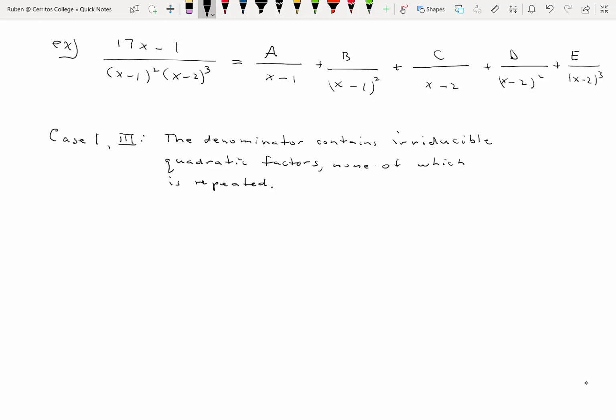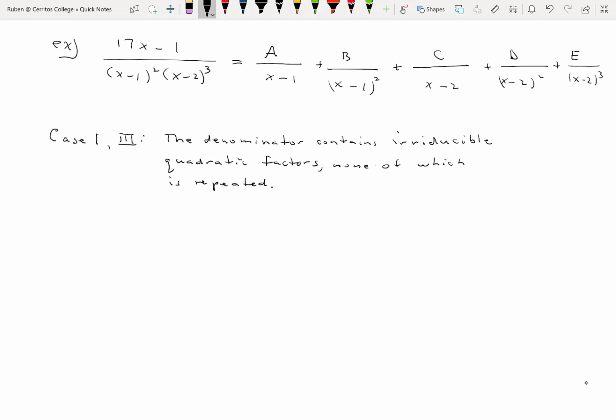So what is a quadratic factor? Well, a linear factor has the first power in it. It's the highest power. A quadratic factor means the highest power is 2. And we don't have repeated quadratic factors. Irreducible means we can't factor it over just whole numbers.